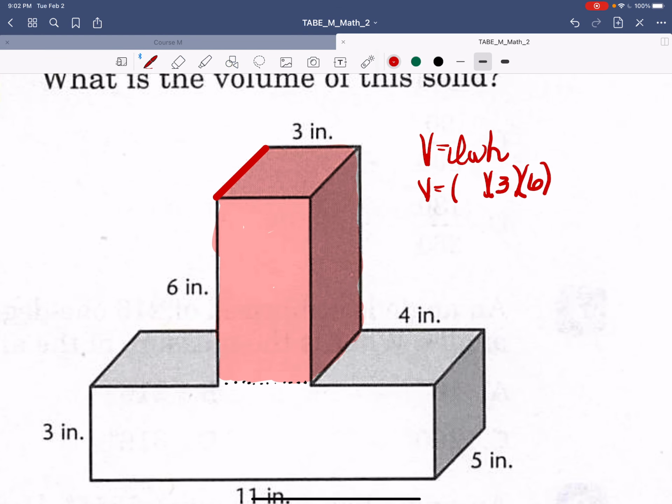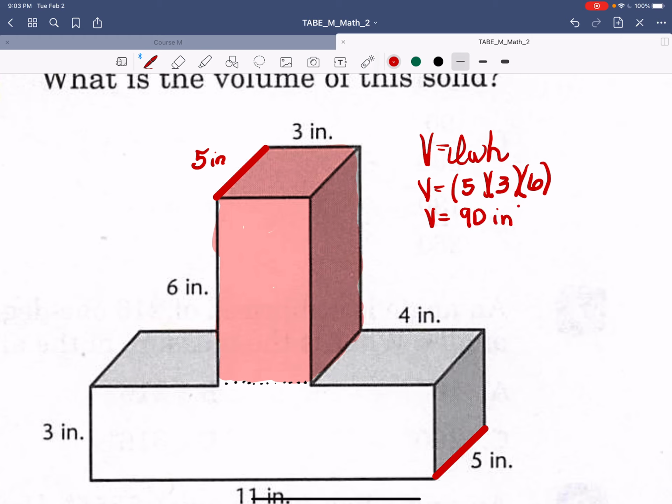And I can find that right down here. Just look for another one like it. Here it is. That 5 is matching up to that one. So I'm going to say this is 5 inches. And that's the missing dimension. So then I'll say 5 times 3 is 15 times 6 is 90 cubic inches. That's for the tower part.